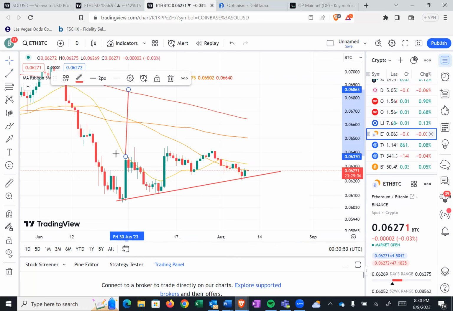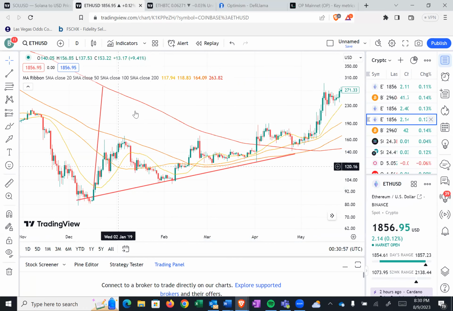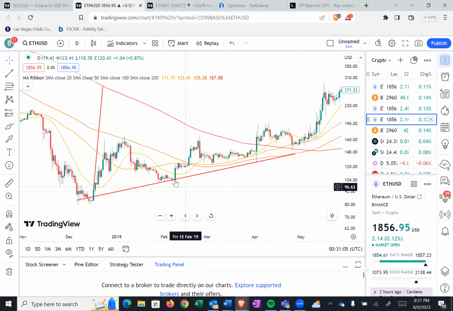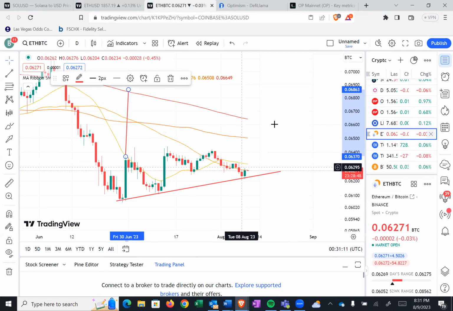We made the first cross just like we did here. And what did we test? Nothing. And then what happened? We came up, explode through, all the way to the 200 quick. So I think if there's that type of move, that could be bullish.